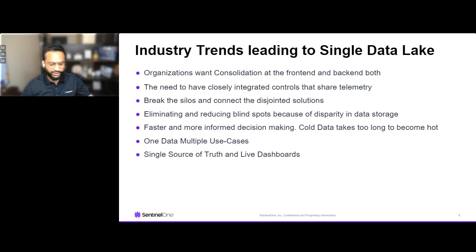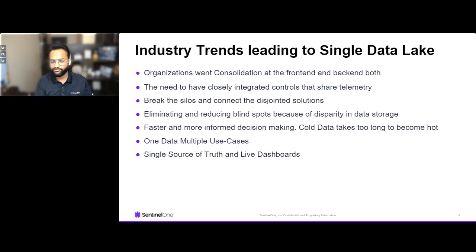And as Jason pointed out in the beginning about siloed data, and pointed out the survey result where 69% of the security leaders said that they had missed detection because of siloed data storages. We do commonly see this in the security operations center as well.